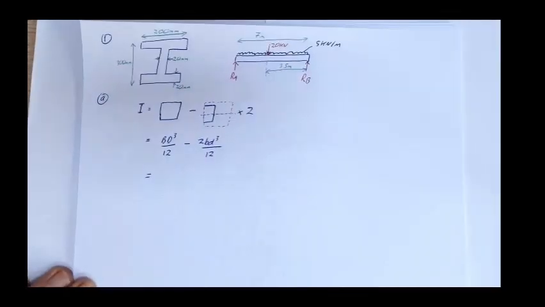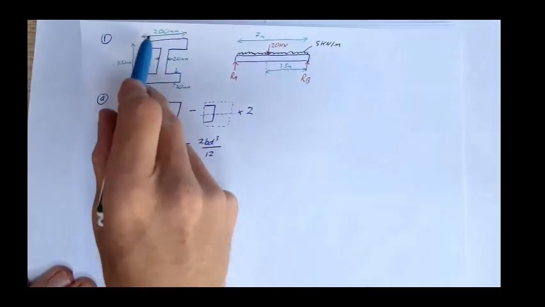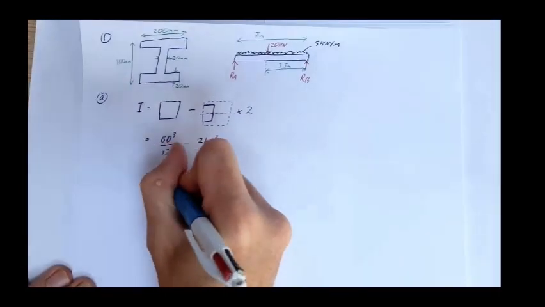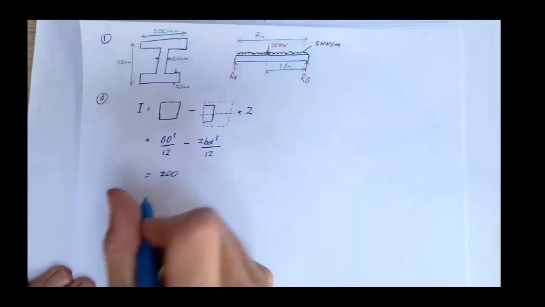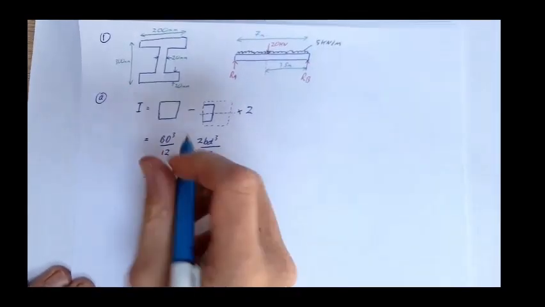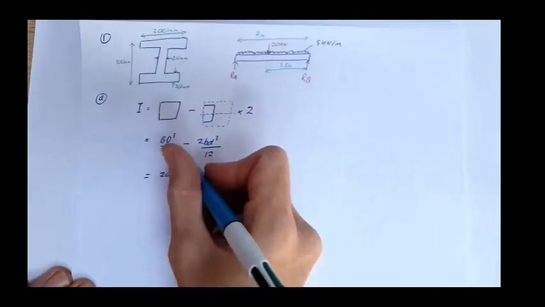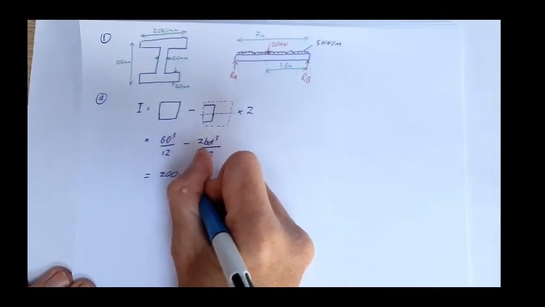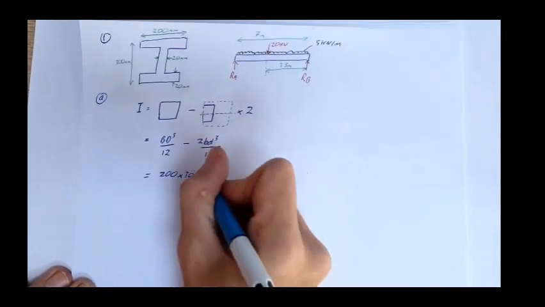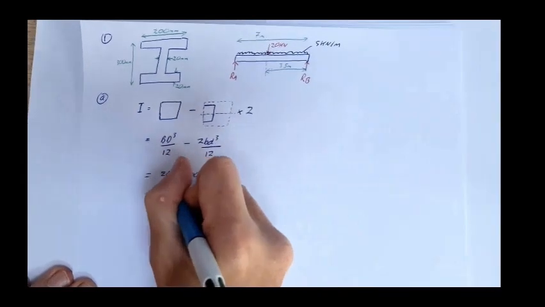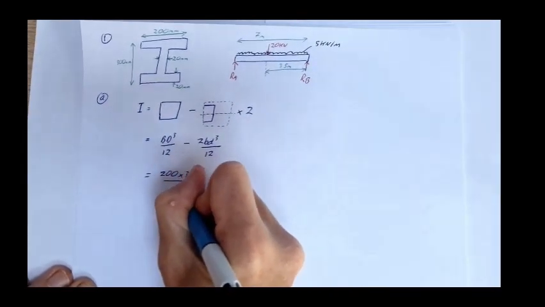Now, the outside shape is 200 mm wide, so that's 200 times 300 cubed over 12.